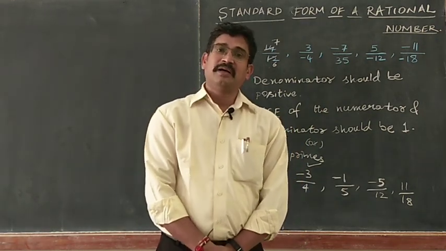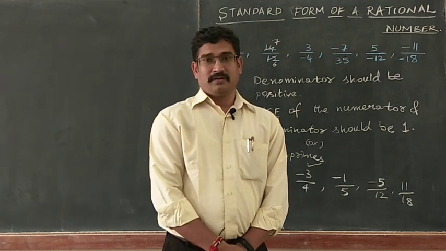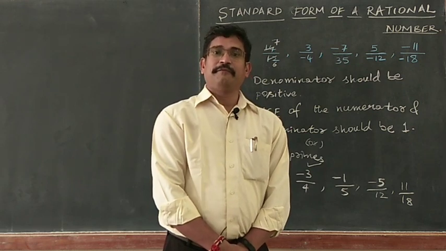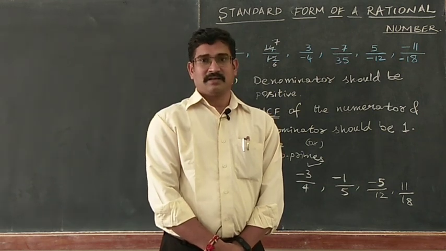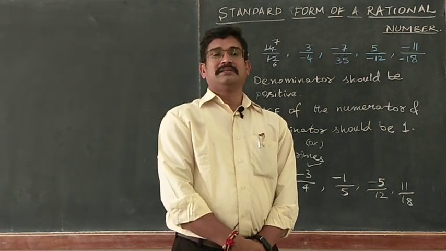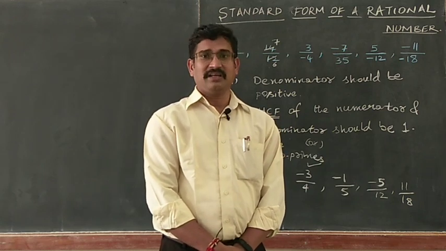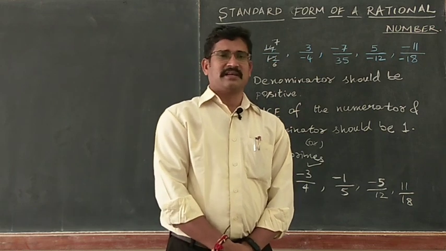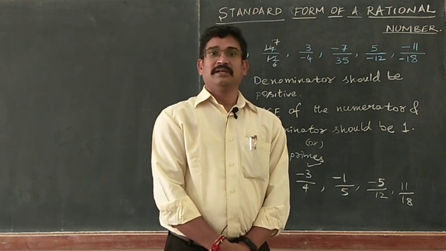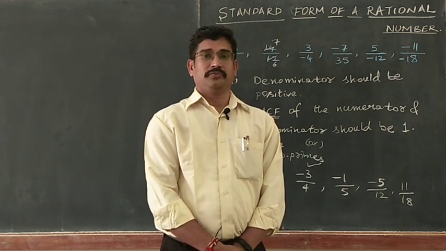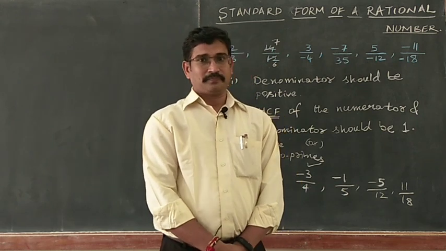A rational number is said to be in standard form if the HCF of both numerator and denominator is 1, that is, if the numerator and denominator are co-primes, the first condition, or we can say as a sentence, the HCF of numerator and denominator is 1 and the denominator is positive. So, this is how we define standard form of a rational number.